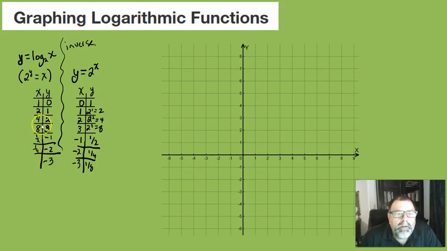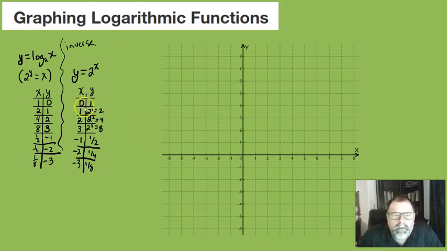So there's two ways you can think of it. You can think of it as the exponential form, put in your 0, 1, 2, 3, or think of the inverse, which is y equals 2 to the x, figure out that one, and then switch all the x and y's. So 0, 1, we switch it, 1, 0. And then this last one would be 1/8, 3. So whichever one works better for you.